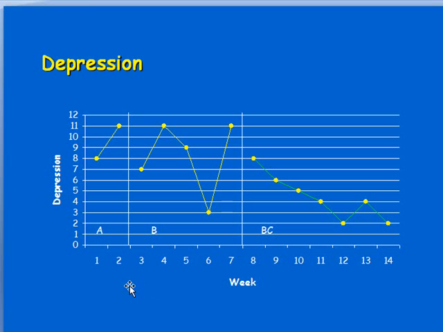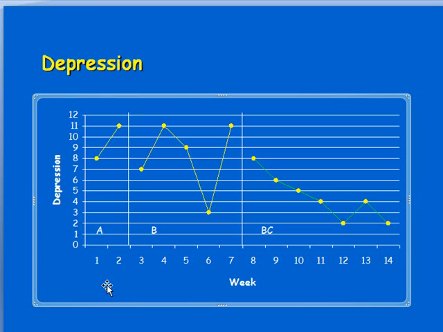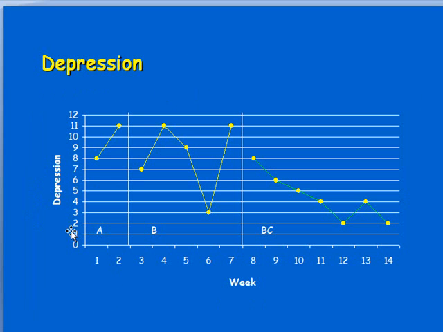So in this example, A, baseline, means no intervention. B, in this case, stands for cognitive behavioral intervention. And you can see that after 5 weeks of cognitive behavioral therapy, the client had not progressed very much.